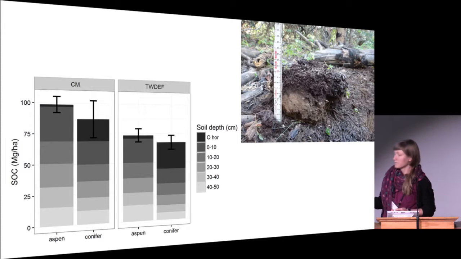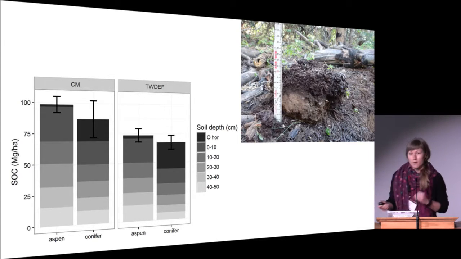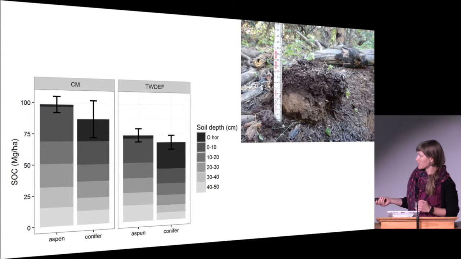So these are data from 2 sites, from Cedar Mountain and T.W. Daniels Experimental Forest. And in both cases, you can see that the organic horizon under conifers makes up a lot of the carbon in the soil under conifers. But what I would argue is that in this region where we are, we should maybe focus more on the mineral soil organic carbon.